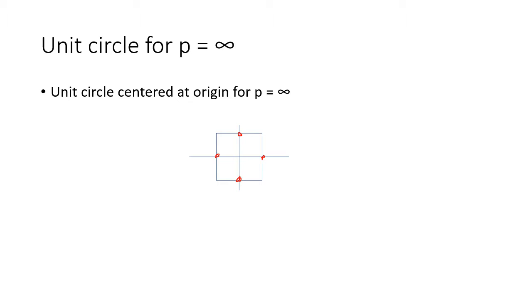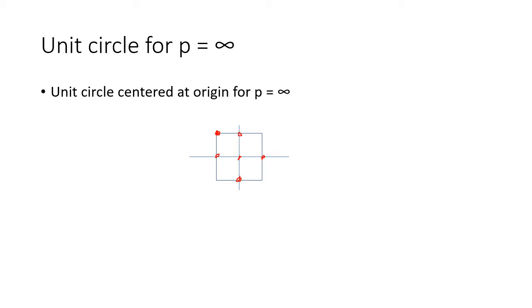But every point is a distance of 1 away from the center. So for example, the point up here at (negative 1, 1), its distance from the center is the largest absolute value. So from (negative 1, 1) to the origin, the largest absolute value is 1, so that distance at the upper corner is 1.